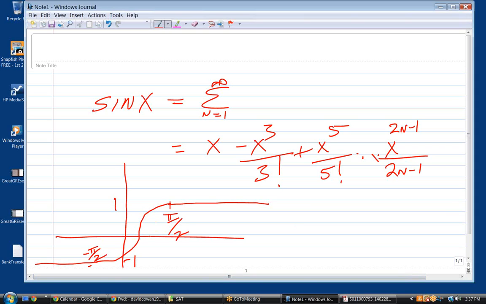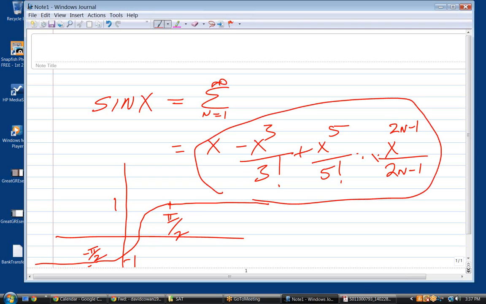If I took this function and I applied Taylor series to it, I would get this exact thing. How could I not get that exact thing? That thing was developed by taking the derivatives only at one point, x equals 0. This point right here.